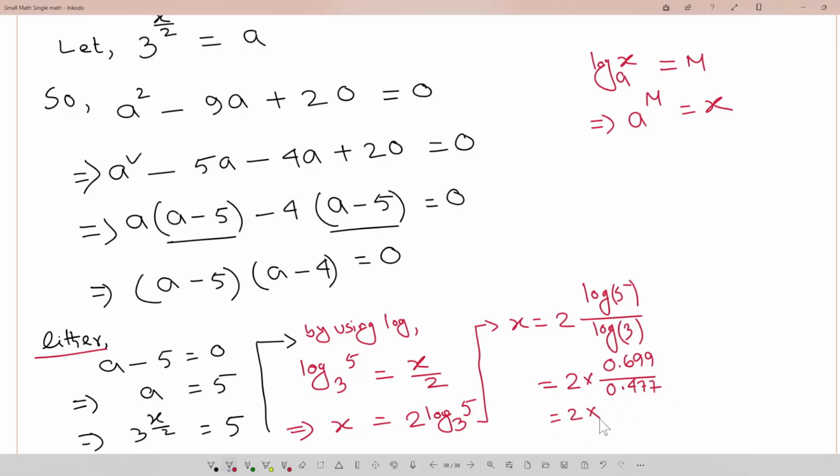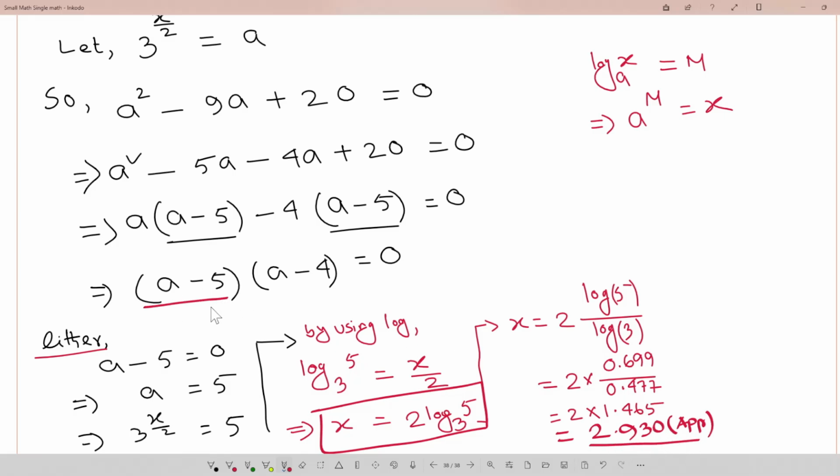So 2 times that becomes 1.465, and finally 2 times 1.465 is 2.930 approximately. If you want, you can keep the answer here as x equals this, or you can write this one. And this is for a minus 5.